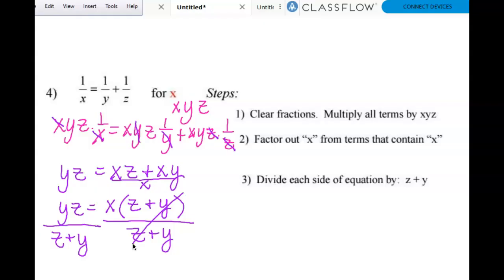Questions before I move on? Yeah, this is the answer. Yz over z plus y. The x is by itself. That's what we wanted. We want the x by itself. All right.